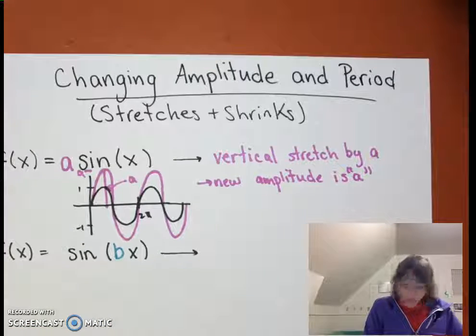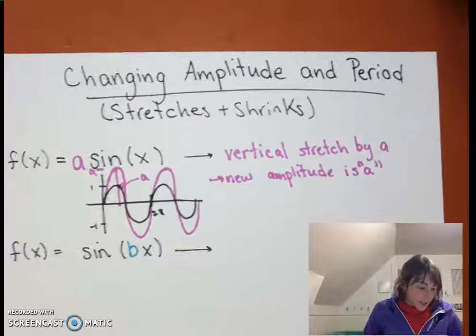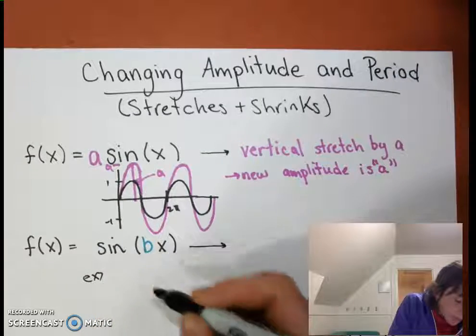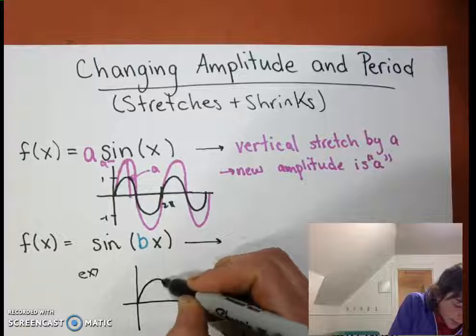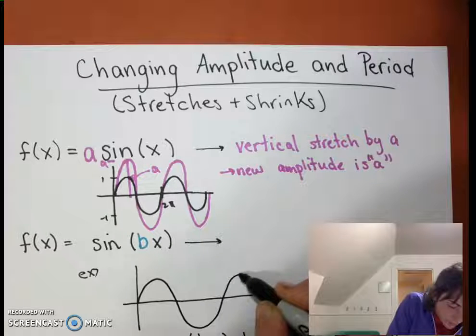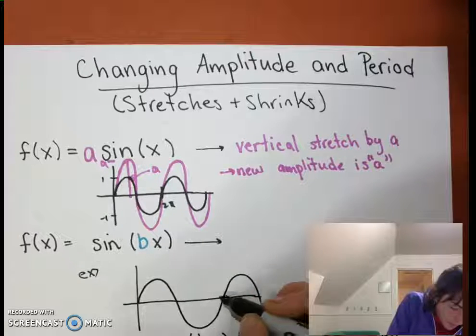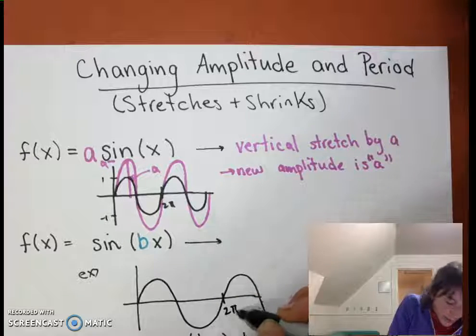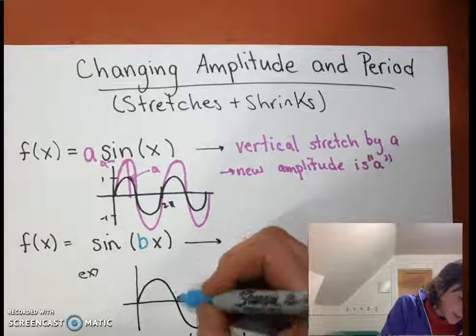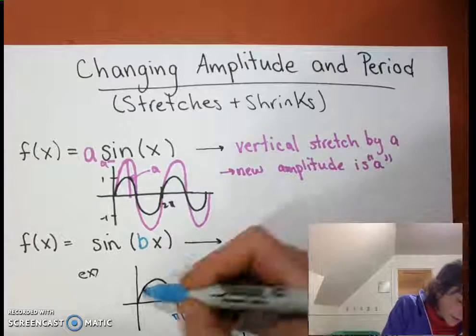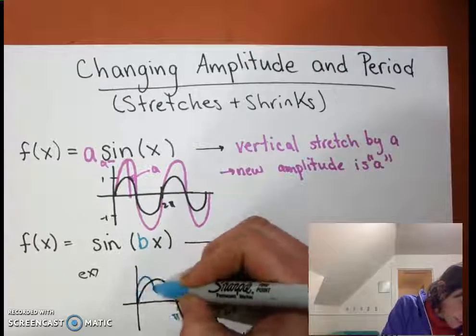So let's draw our example here. Here's sine of x. So we complete one cycle at 2 pi. Now if we draw in sine of 2x, we finish one cycle in half the time.